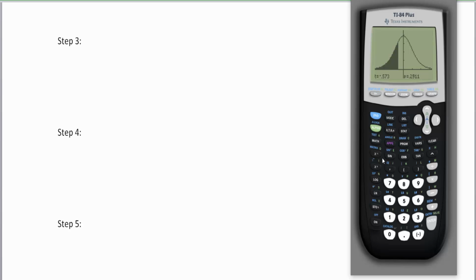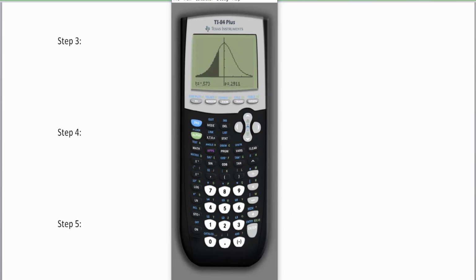Okay, so let's copy down the t-value, the p-value, and let's see if there was a rare event to see if we have to reject the null hypothesis. Well, our t-value here was negative 0.573, and our p-value is 0.2911.